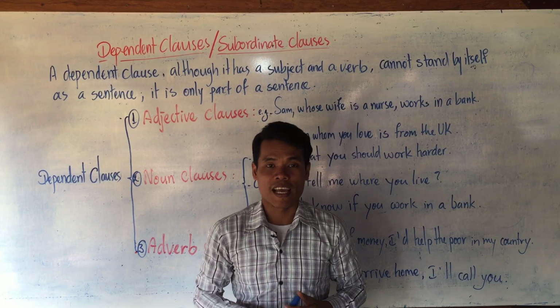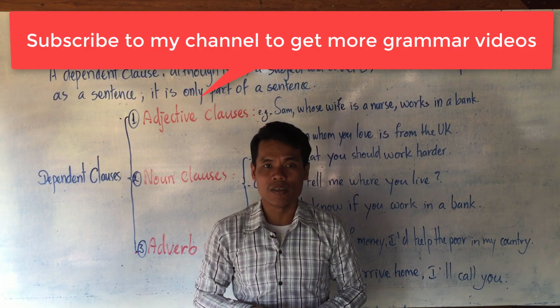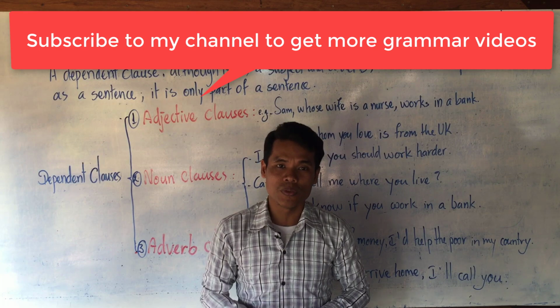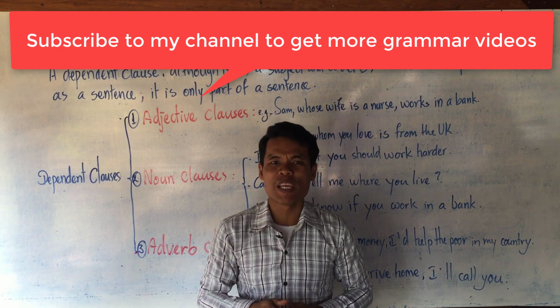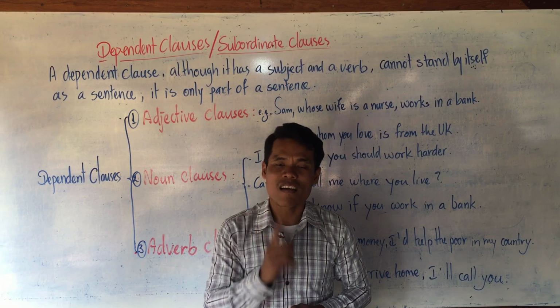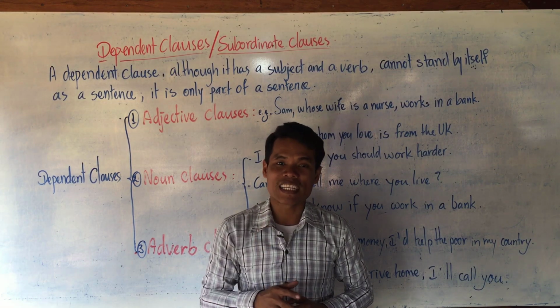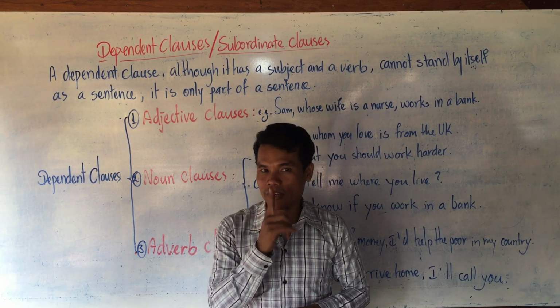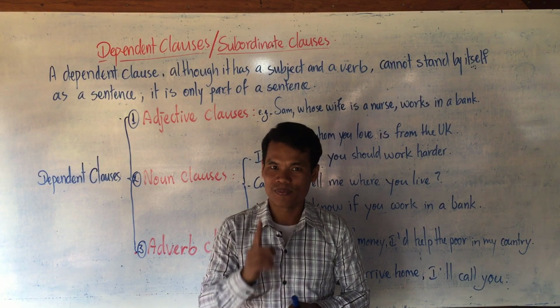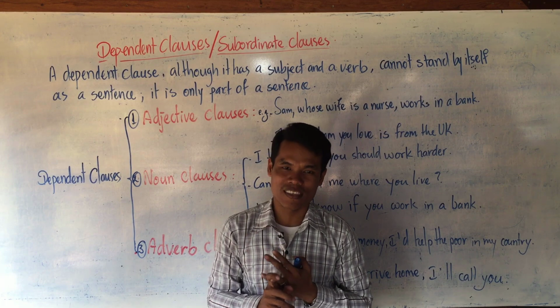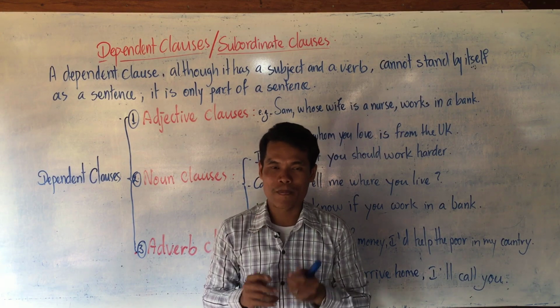Hello, I'm Sam. In today's video, I'm going to teach you dependent clauses. Another name for dependent clauses is subordinate clauses. Anyway, how many clauses are there in English? There are two clauses. What are they?